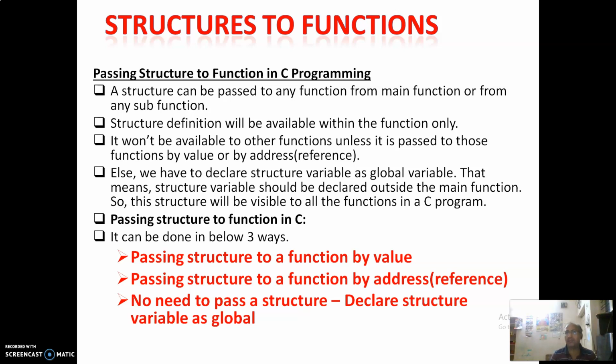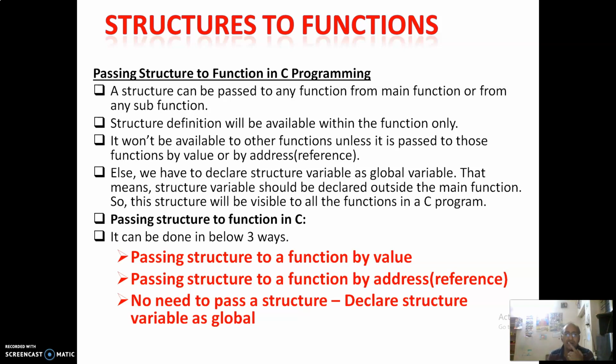A structure can be passed to any function from the main function or from any subfunction. Structure definition will be available with the function only. It won't be available to other functions unless it is passed to those functions by value or address.